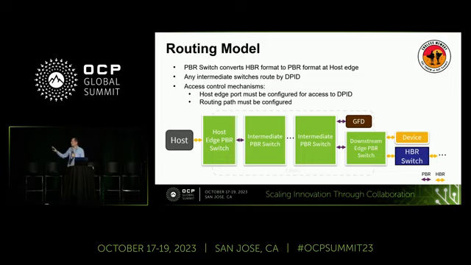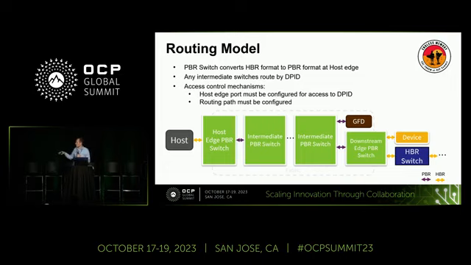So the access control mechanisms that we've defined to ensure that this is only happening in an appropriate way: the host edge port has to be configured to access a particular DPID. So as long as we can trust that switch, we can trust that it's not shooting traffic out to a device that it has not been explicitly configured to access.